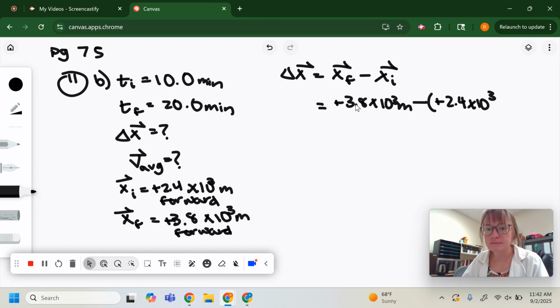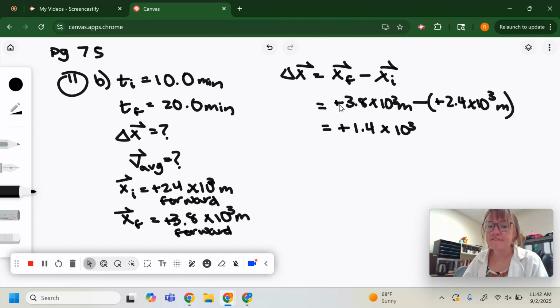Notice I'm plugging these positives in here as my direction. Then when I do 3.8 minus 2.4, then I get something like positive 1.4 times 10 to the third meters.